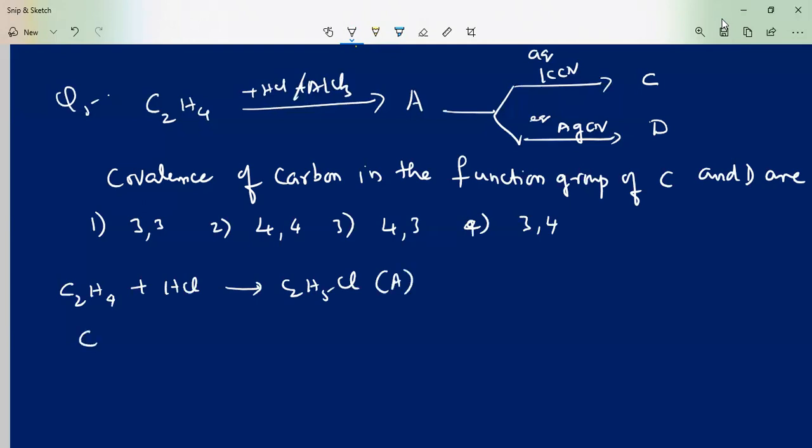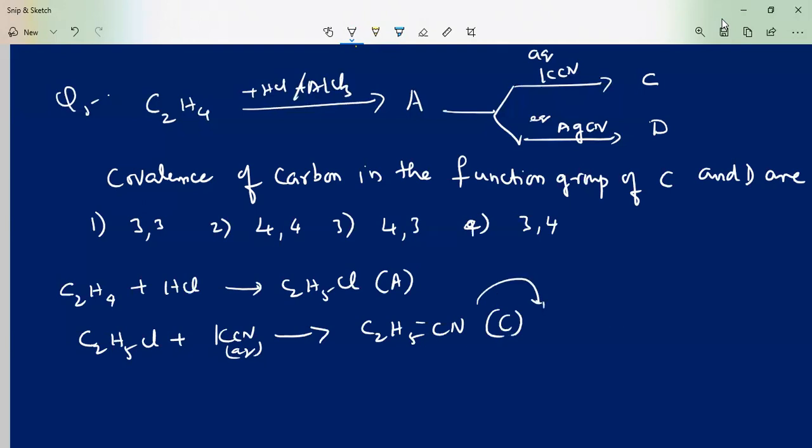If that ethyl chloride is treated with aqueous ethanolic KCN, you will get C2H5CN. CN is the functional group in C. Carbon and nitrogen have a triple bond, and this carbon's covalence is 4.